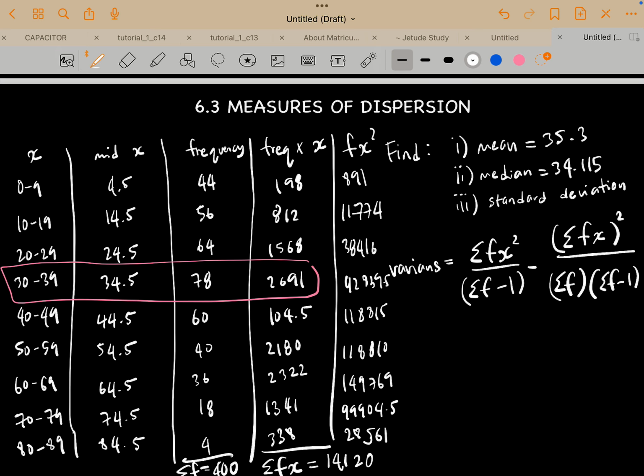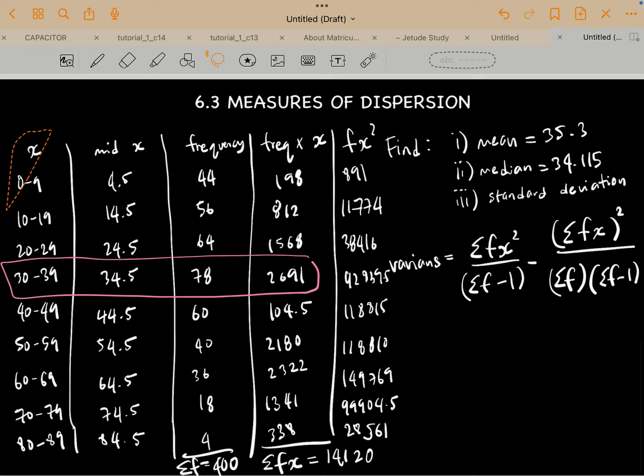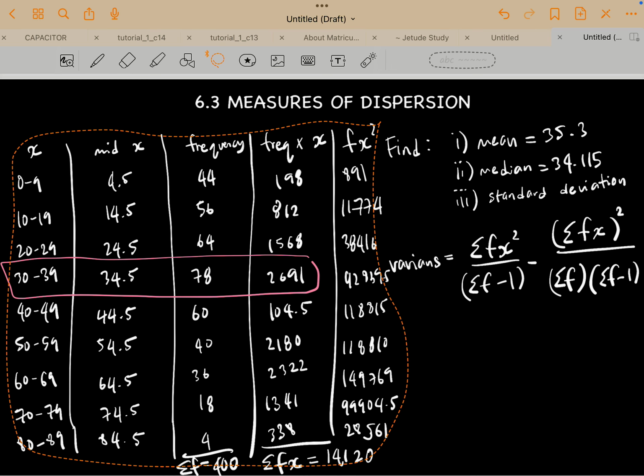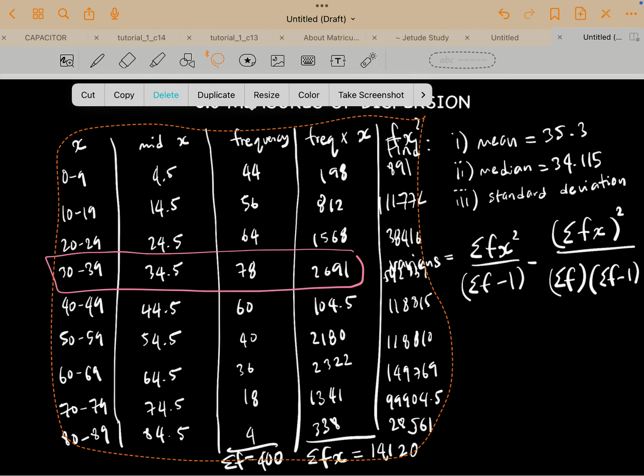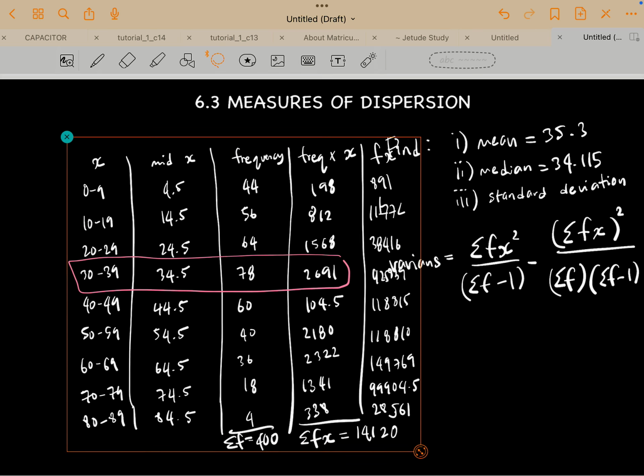Alright, this is a bit crowded already, so let's make this a bit smaller. Resize.